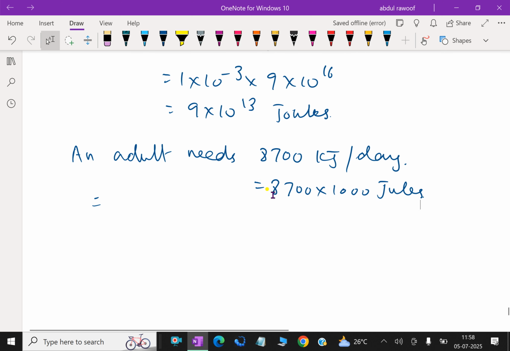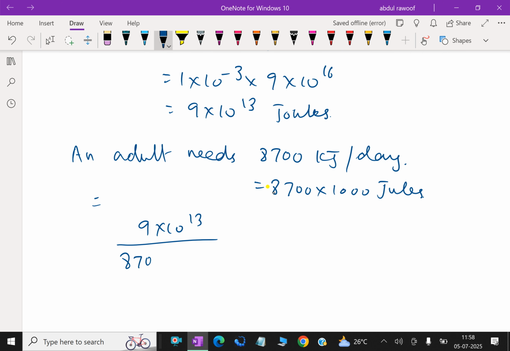Now divide both. 9 into 10 to the power of 13 over 8,700 into 10 to the power of 3 gives nearly about 10,344,827 days.